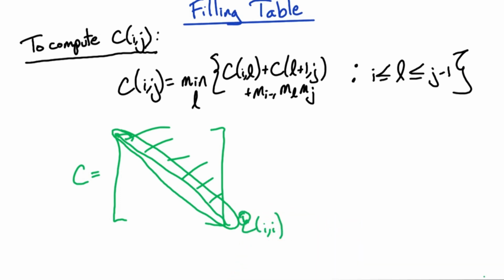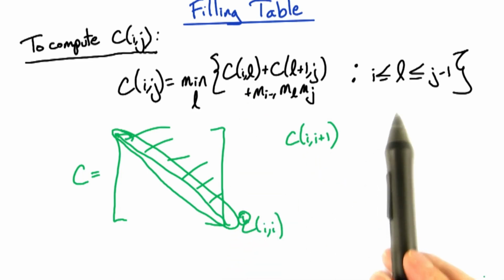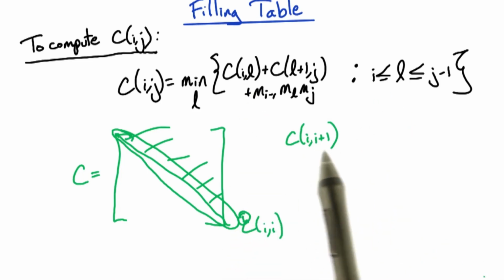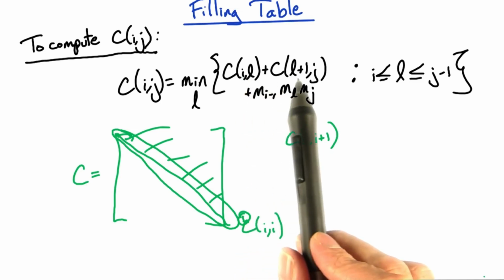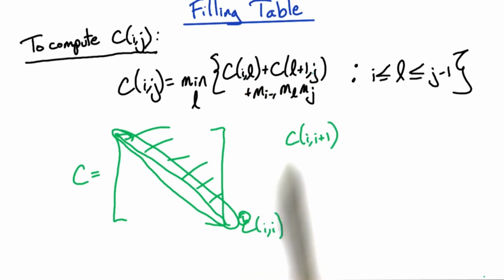What is the next thing that we're going to fill in? The next entries we're going to fill in are the entries C_{i,i+1}. Look at the recurrence for these entries. l is going to vary between i and i, and that's it. That's the only choice for l. And then what do our subproblems look like? Our subproblems are C_{ii} and C_{i+1,i+1}.